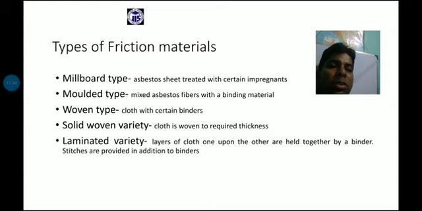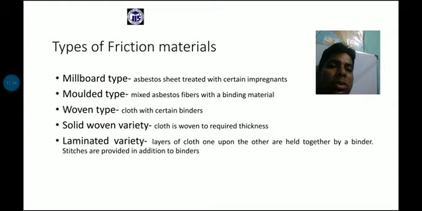Point number two: when two surfaces are brought into contact with each other, they are united due to friction between them.